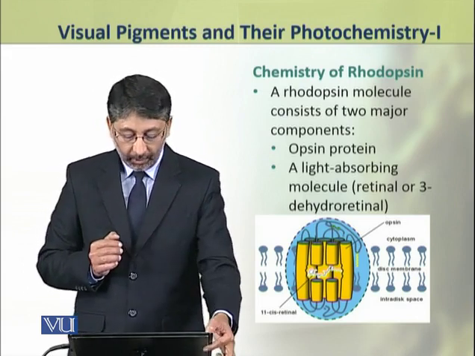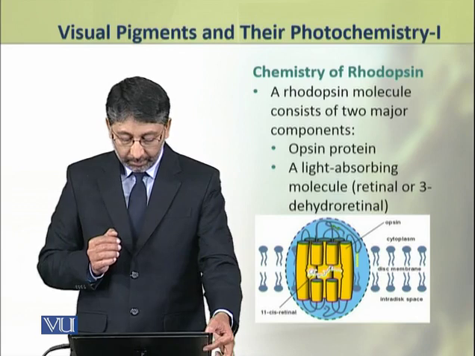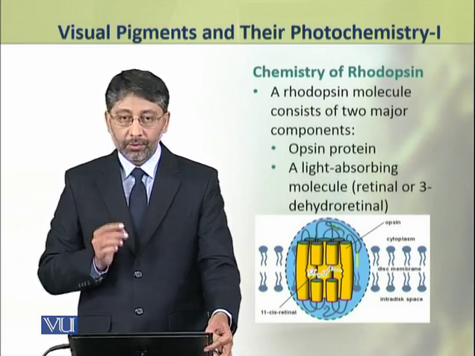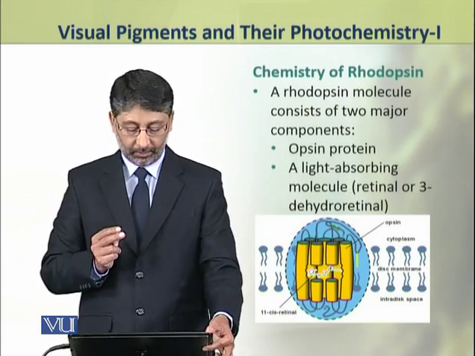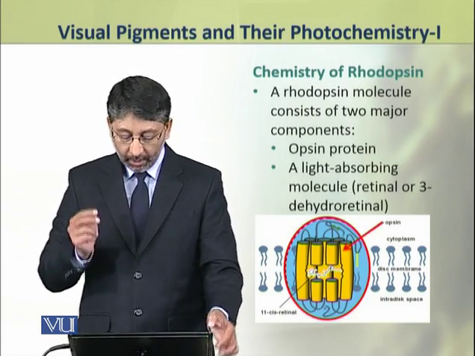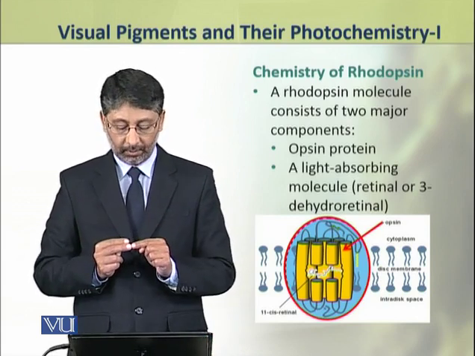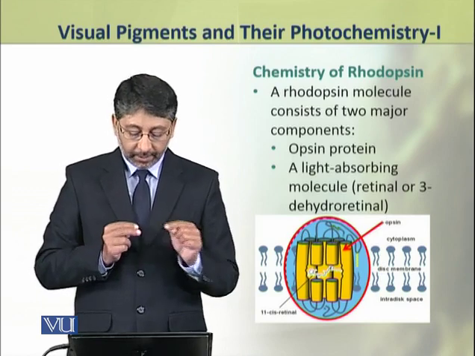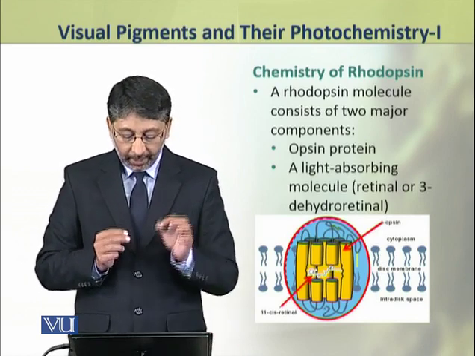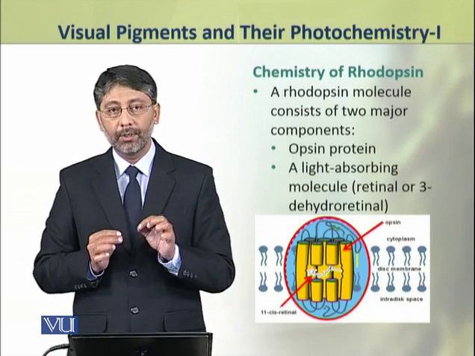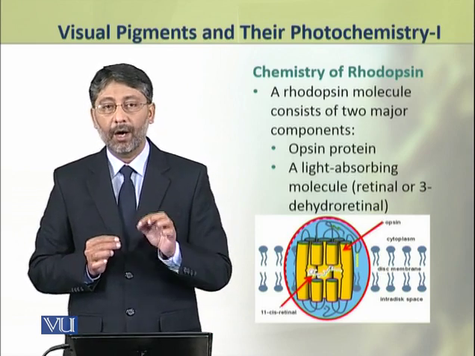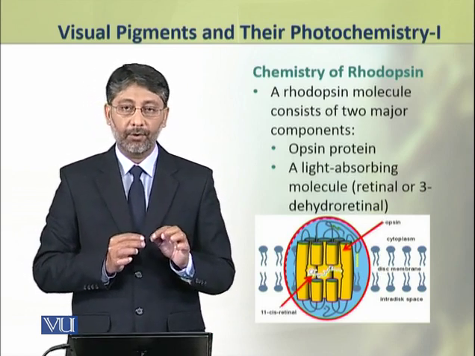A rhodopsin molecule consists of two major components. One is the opsin protein, and second is the light absorbing molecule, which may be retinal or 3-dehydroretinal.